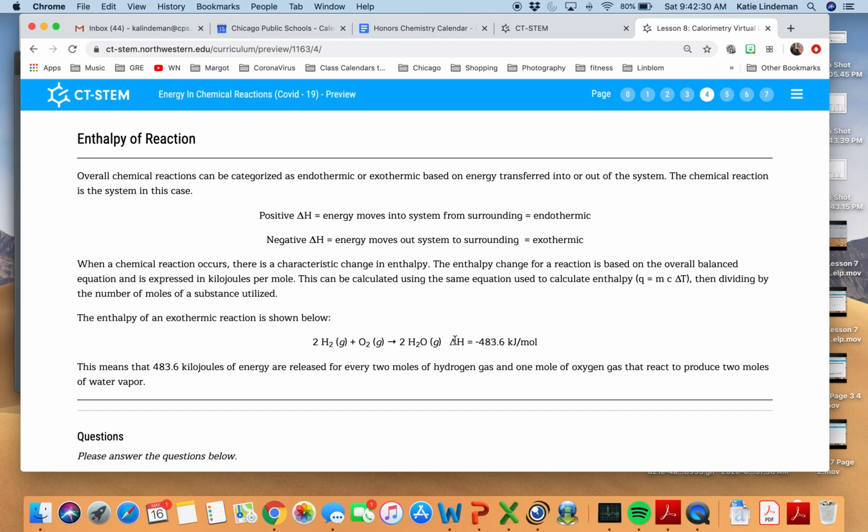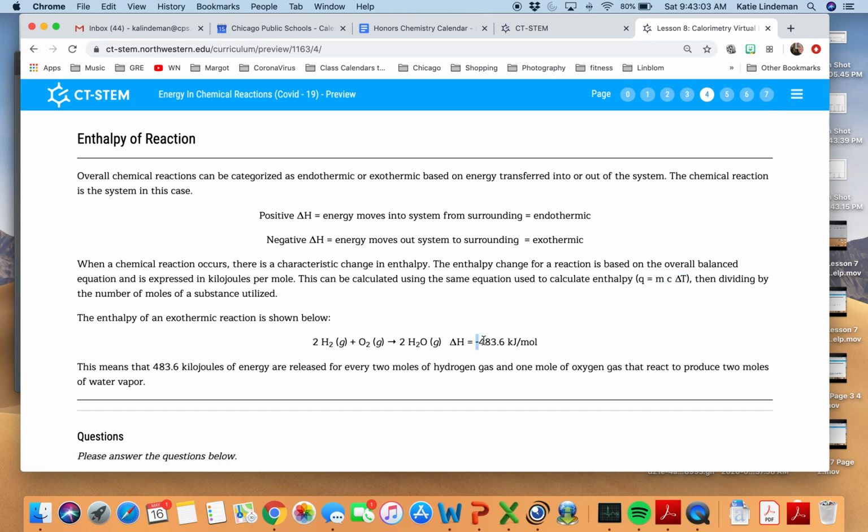Finally, to wrap all of these things up, an overall chemical reaction can be categorized as endothermic or exothermic based on the energy transferred into or out of the system. So you can look at the delta H for any reaction. This is information that is widely available online, and you can determine if it's endothermic or exothermic. You can also calculate it using this equation, which is something we're going to be using in these 3 pages here.